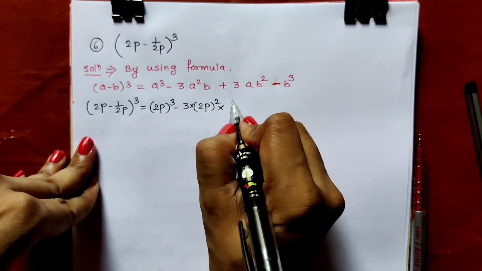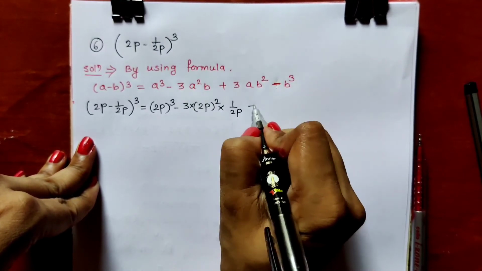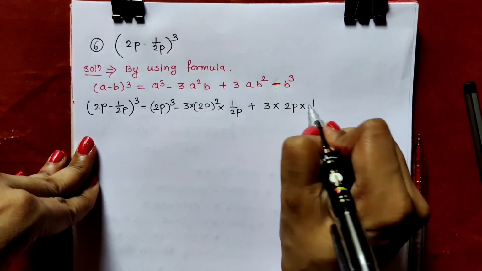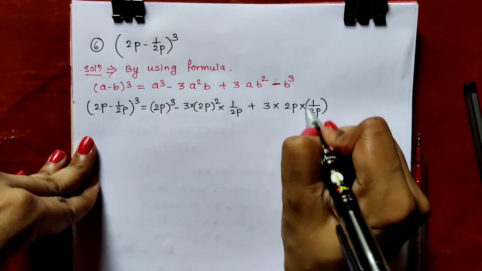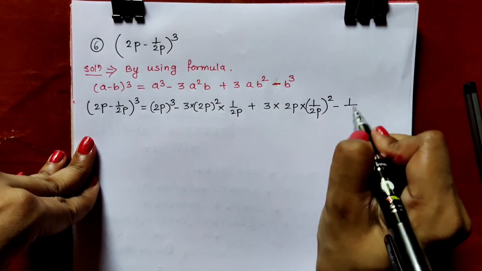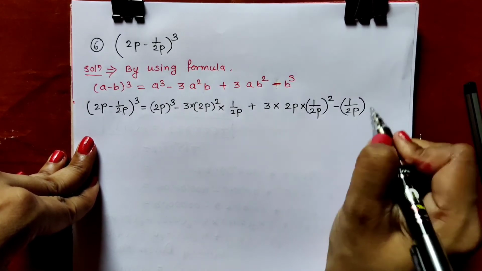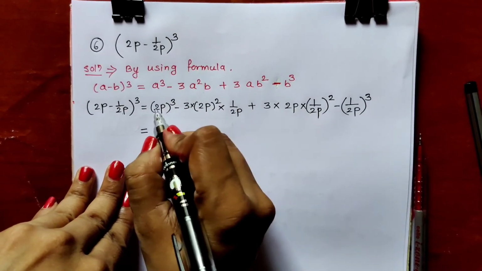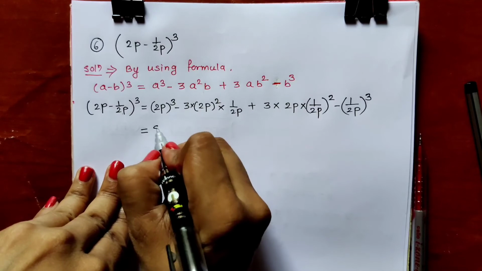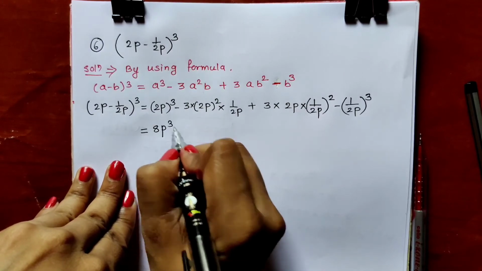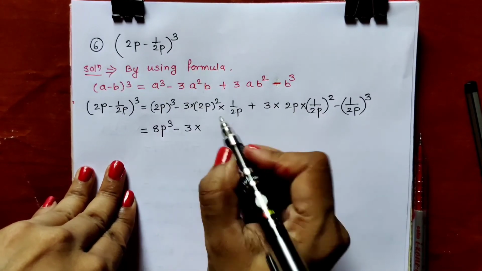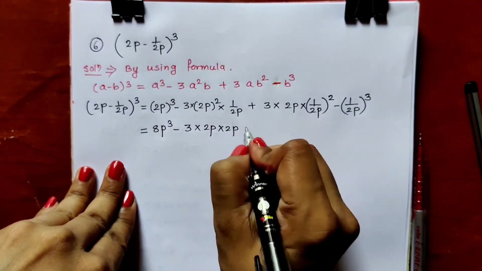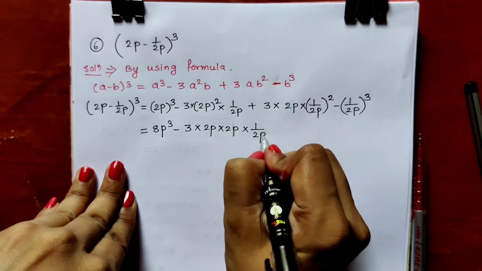Multiply by b is 1 upon 2p plus 3 into 2p into 1 upon 2p square minus 1 upon 2p cube. So in this way we have applied our formula. Now let us solve. 2p cube. 2 cube is 8 and cube of p is p cube minus 3 into 2p square can be written as 2p into 2p multiply by 1 upon 2p.